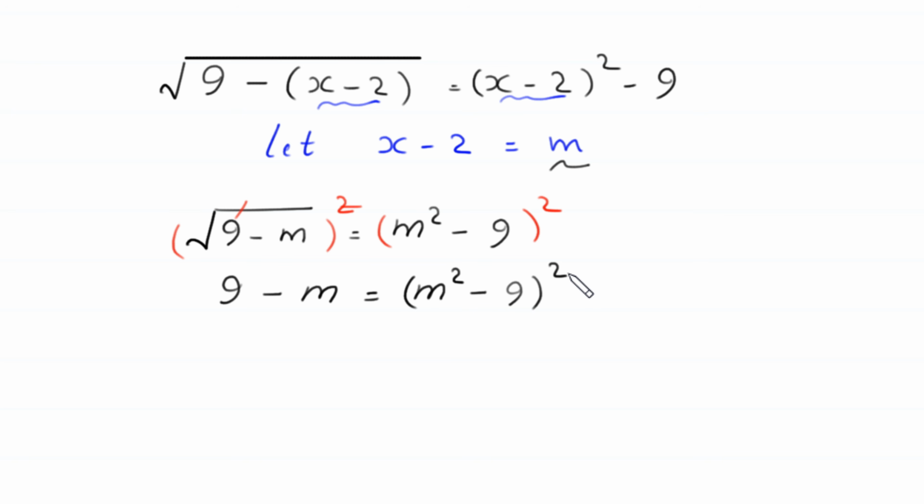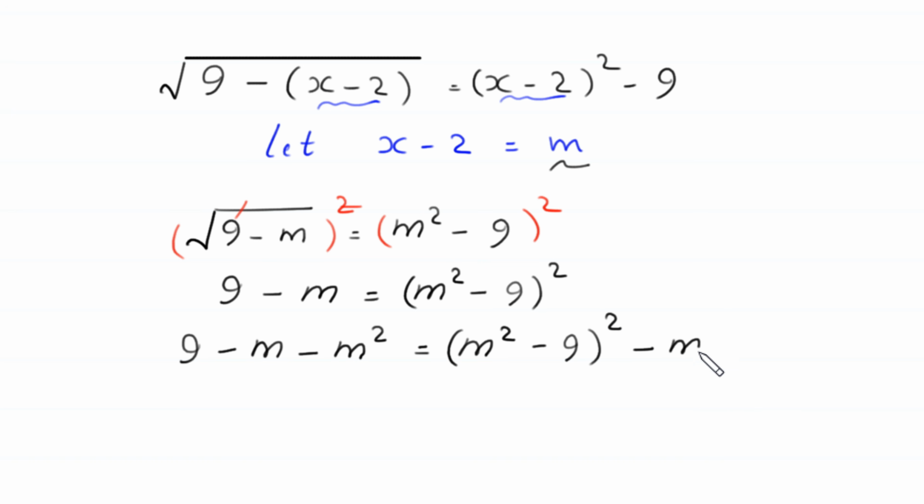And from here we subtract m squared from both sides, 9 minus m, and we subtract m squared from the left hand side is equal to m squared minus 9 whole squared, and we subtract m squared from the right hand side. Now we rearrange these terms.